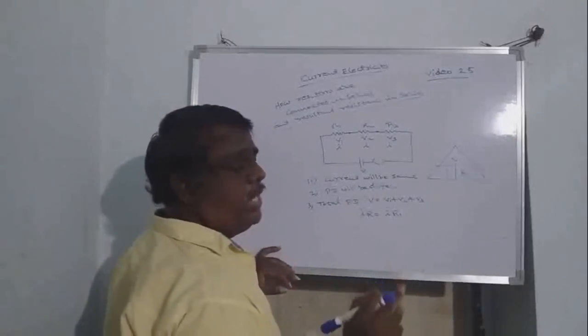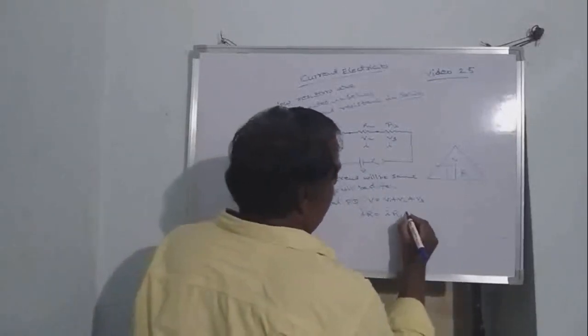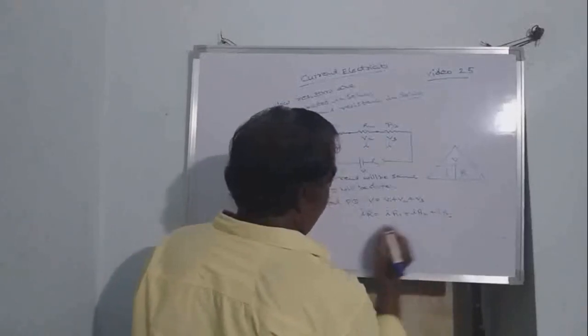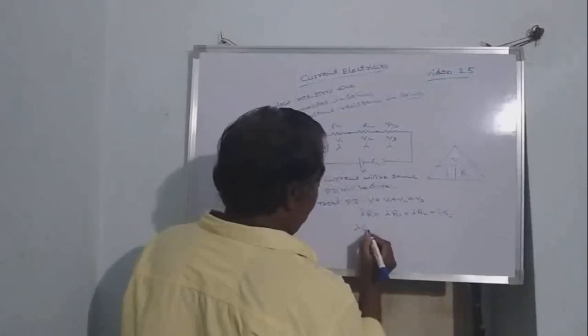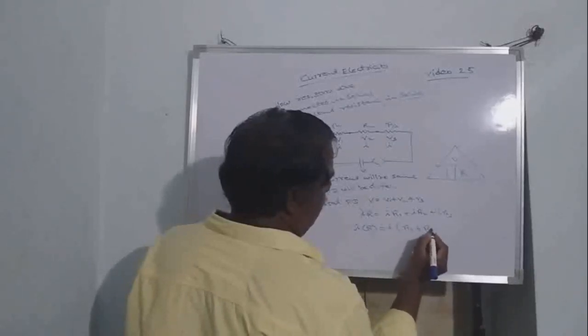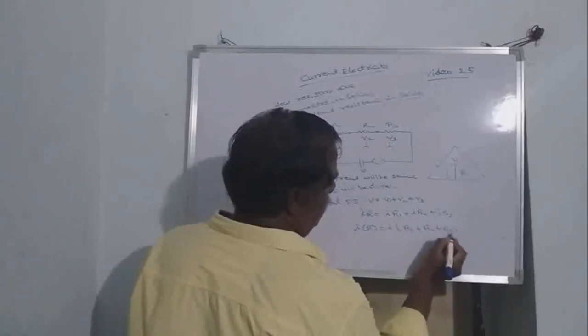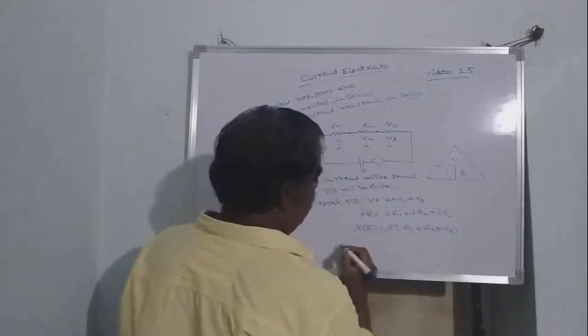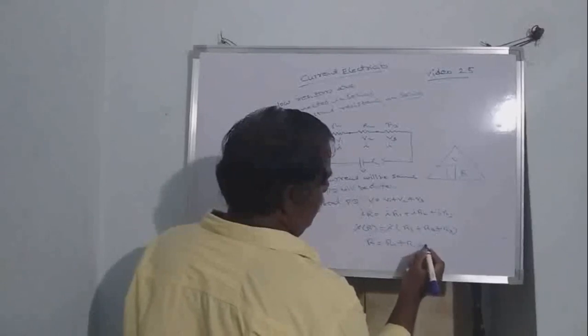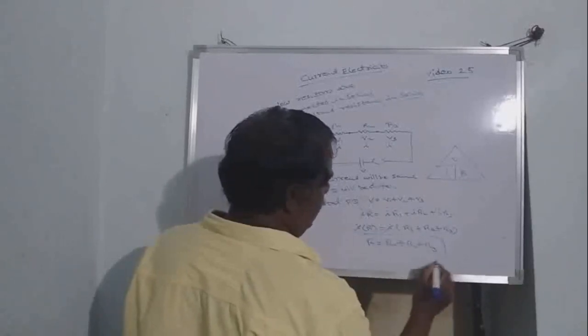No I1, I2 and I3, only I. So IR1 plus IR2 plus IR3. Take out I common. Then we get R1 plus R2 plus R3. So cancel the I. Then we get R is equal to R1 plus R2 plus R3.